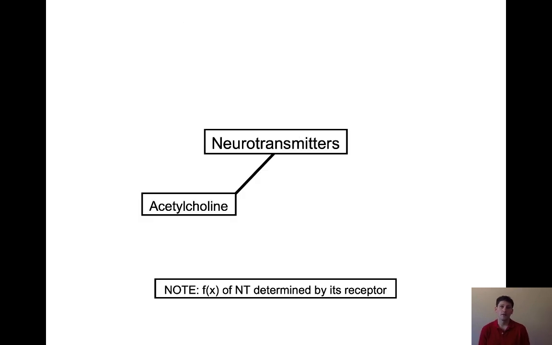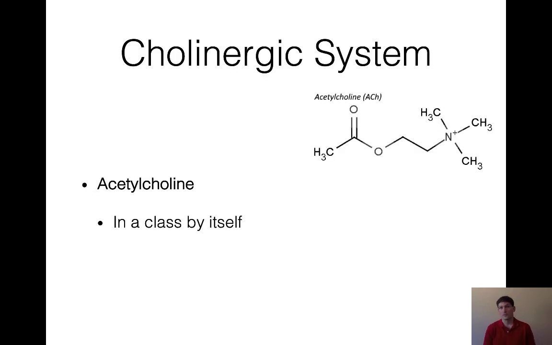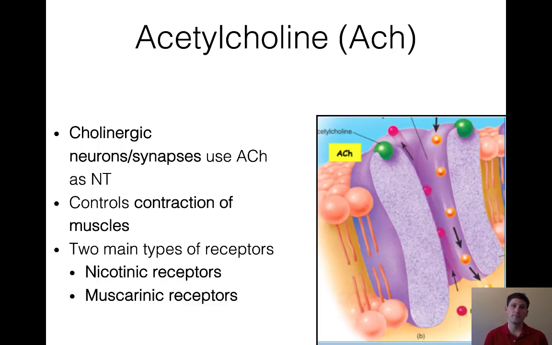Now, if we look at our neurotransmitters, our first one we're going to talk about is acetylcholine. This is part of the cholinergic system. It's kind of in a class all by itself. You don't need to know the chemical formula for acetylcholine. Cholinergic neurons, or synapses, use acetylcholine as their neurotransmitter, and this is going to control the contraction of muscles.